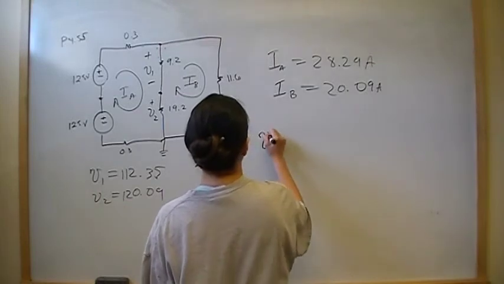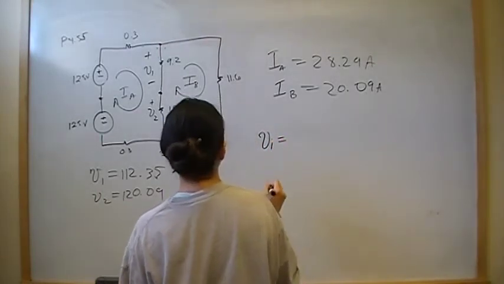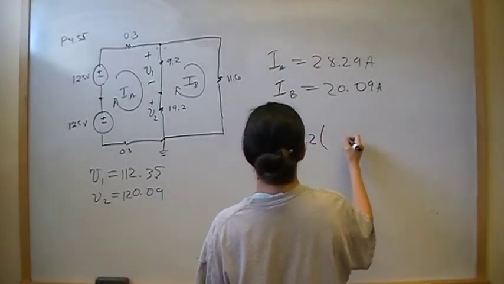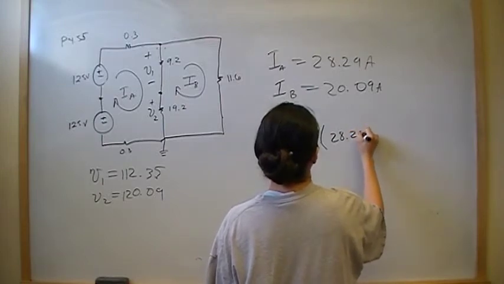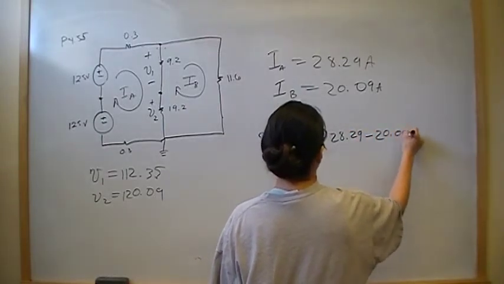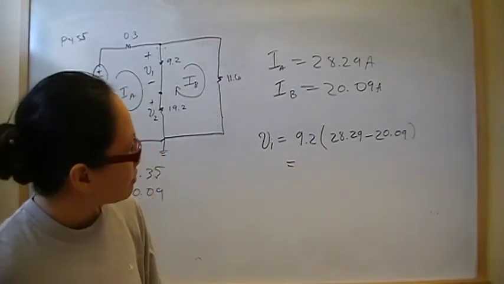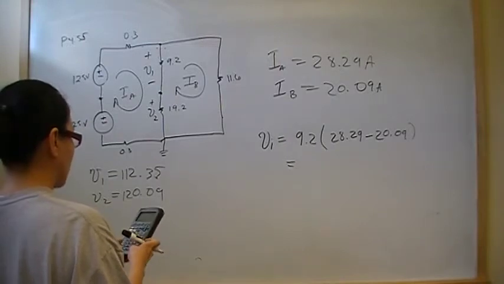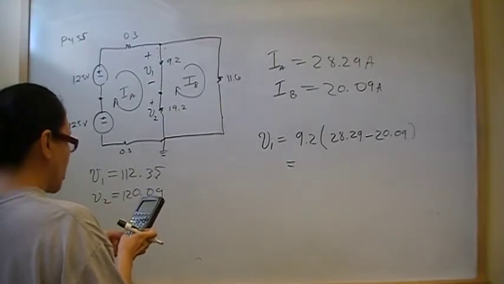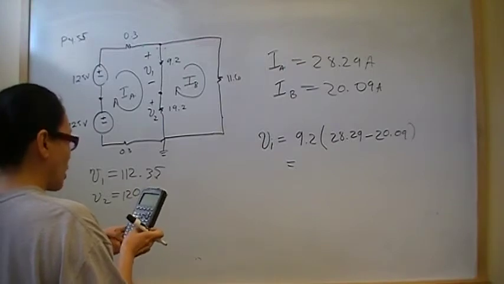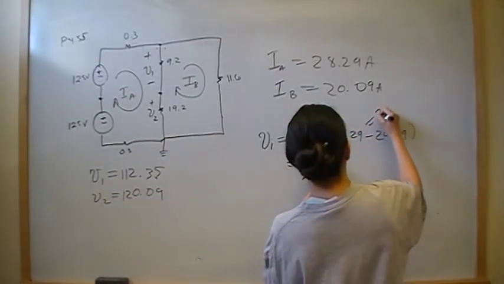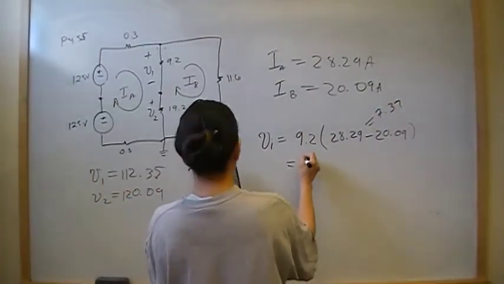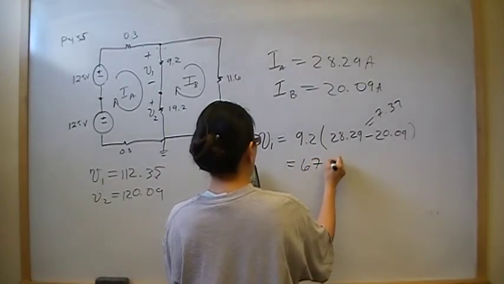So V1 is going to be I times R, so the R is 9.2, and the I is going to be IA minus IB. 28.29 minus 20.09, that's going to be 7.39 times 9.2, so that is 67.99.